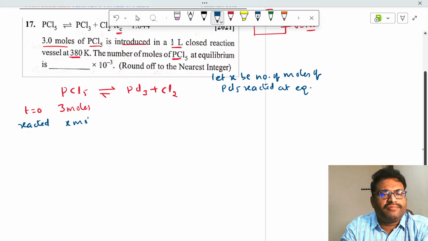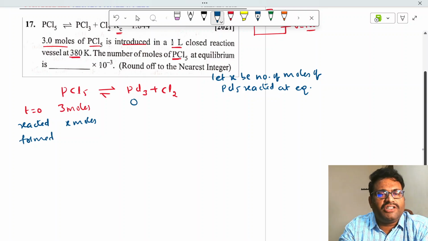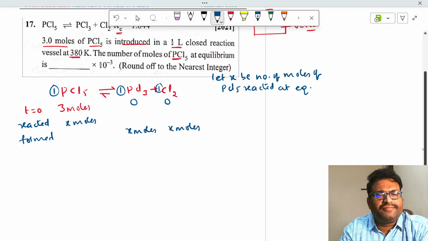X moles. Formed: initially there is no PCl3, no Cl2. When 1 mole of PCl5 reacts, 1 mole of PCl3 and 1 mole of Cl2 are formed. So if 1 is equal to X, then PCl3 will be X moles, and Cl2 will also be X moles.